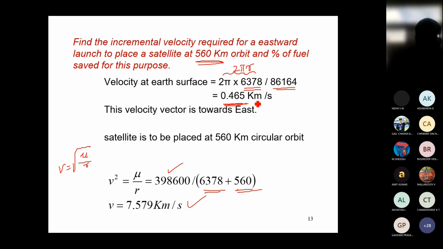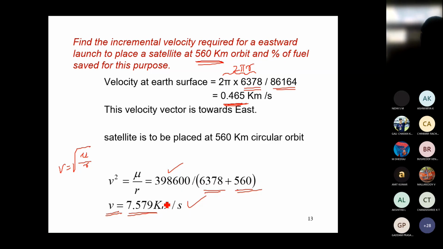You just subtract this. Getting my point? I will explain it again. The required velocity to launch the satellite in an orbit of 560 km altitude is 7.579 km per second.